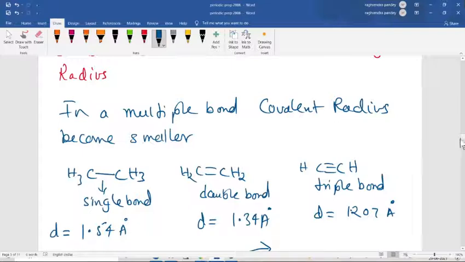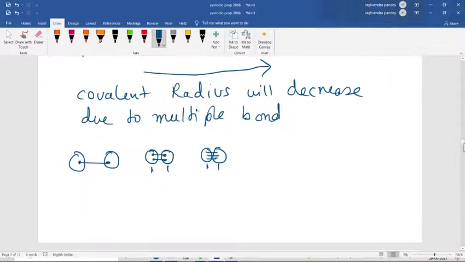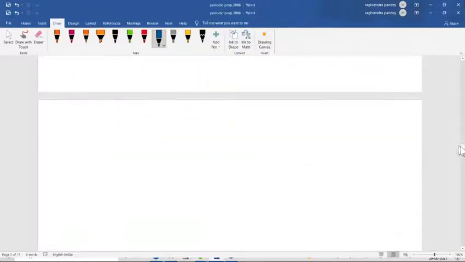Fatty acids have only single bonds, but there is some compound in the body which has triple bonds. It's very difficult to break, and that causes obesity. I forgot that; that is in biochemistry that I read.